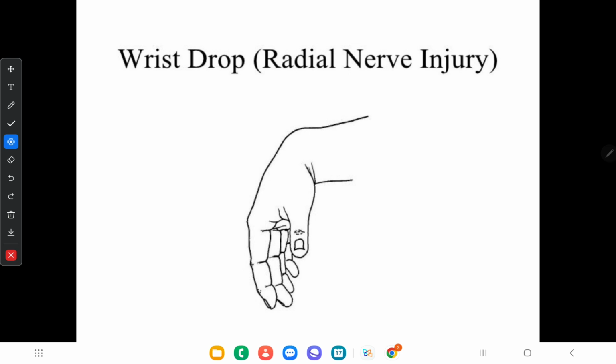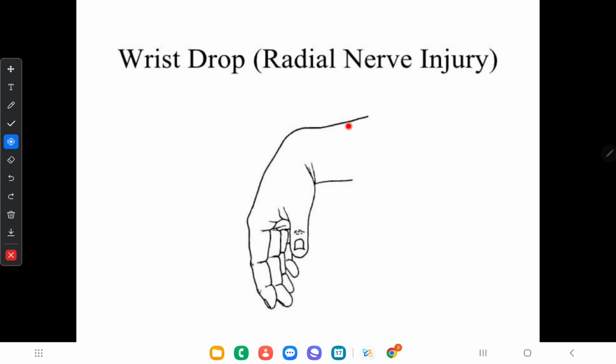I told you earlier the flexion of the wrist is more prominent because wrist extension has been lost here. But if the radial nerve is damaged after giving a branch to extensor carpi radialis longus, it alone can extend the wrist joint. Therefore, you cannot see wrist drop in that level lesion.